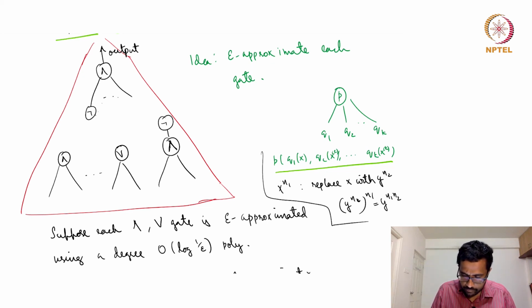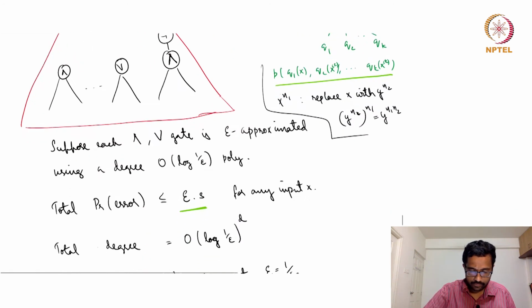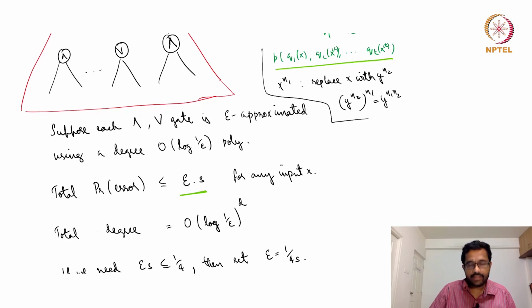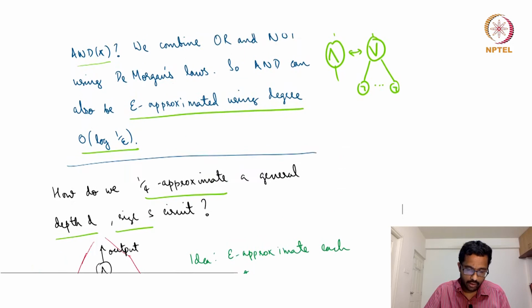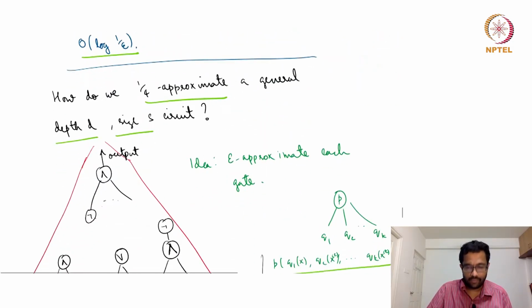And when you have depth d, you could have up to d levels of such recursive polynomials. And we know that at each level the degree is order log 1 divided by epsilon.